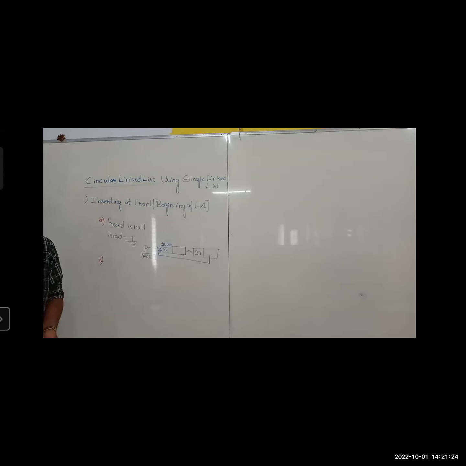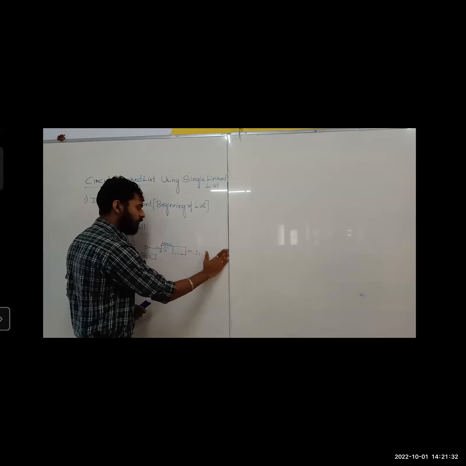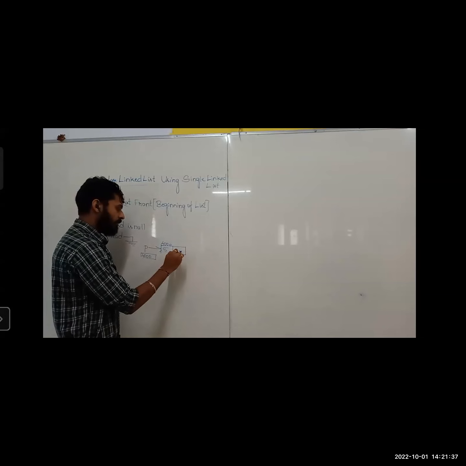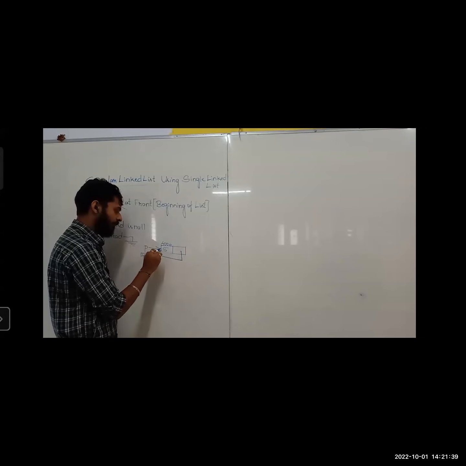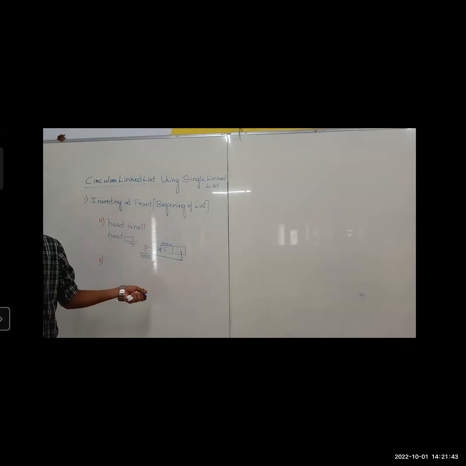Online? Yes, sir. Clear with that? Circular linked list means even if there is 1 node or 100 nodes or however many nodes are there, the last node's link should be connected to the first node, but here first and last are the same, so it is pointing to itself. Clear? Yes.